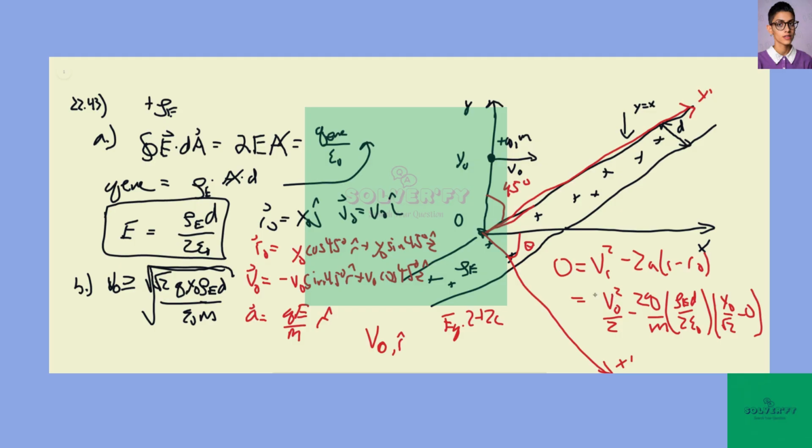Cool. So just to say it again, this is the initial velocity in the r direction squared minus this, and this equals the final velocity. But we're setting the final velocity to 0 because we want to see if it will even reach the slab. So to see if the particle will reach the slab, we then solve this equation for v naught.